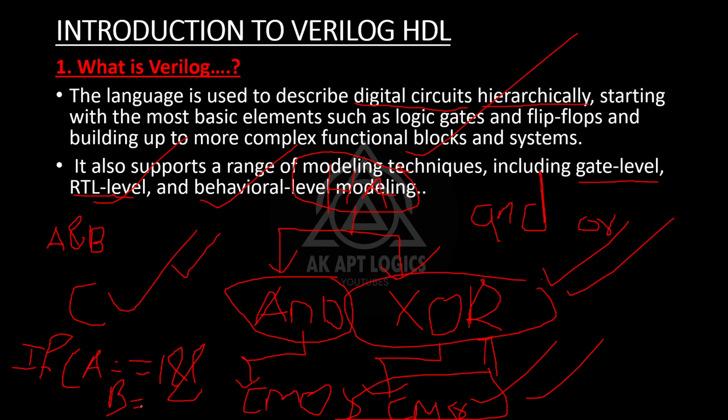We don't require lower level details, like how many transistors we are going to use, in the behavioral model. So we write like this.